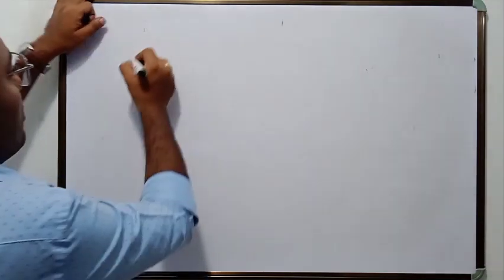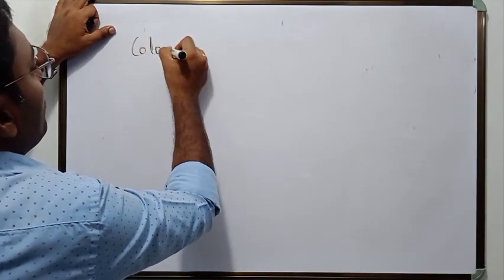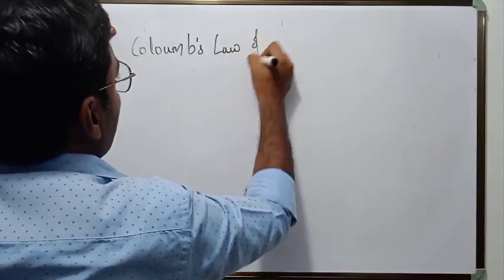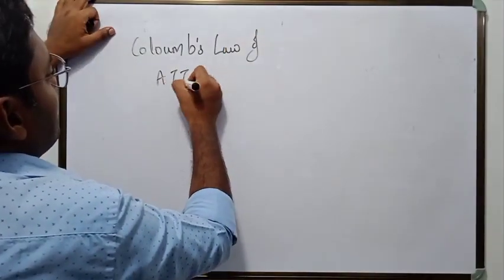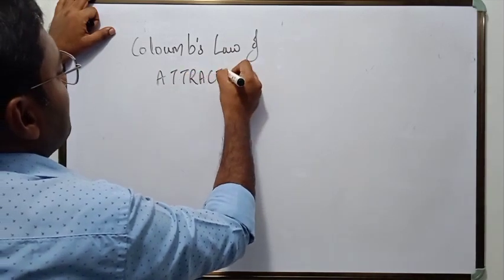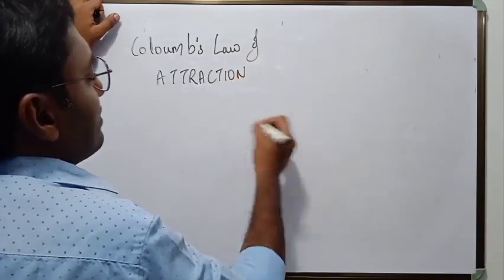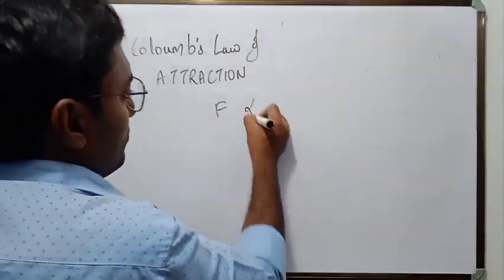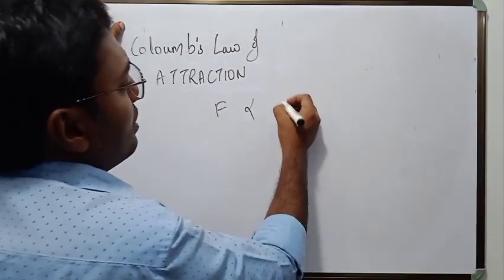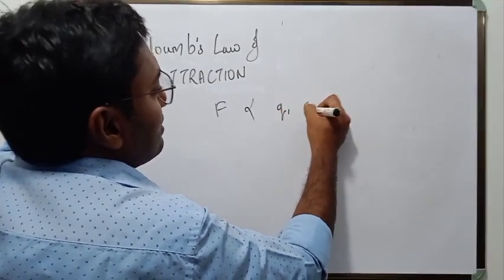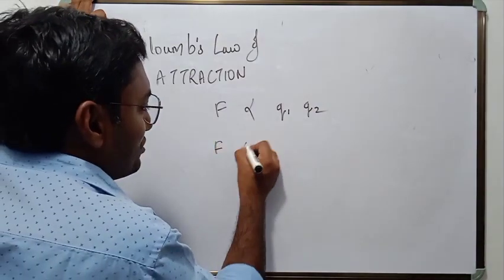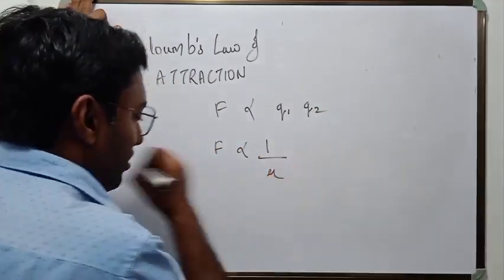This law is called Coulomb's law. You might have heard it, Coulomb's law of attraction. What happens here is that the force of attraction is proportional to the charges, and the force is inversely proportional to the interatomic radius.